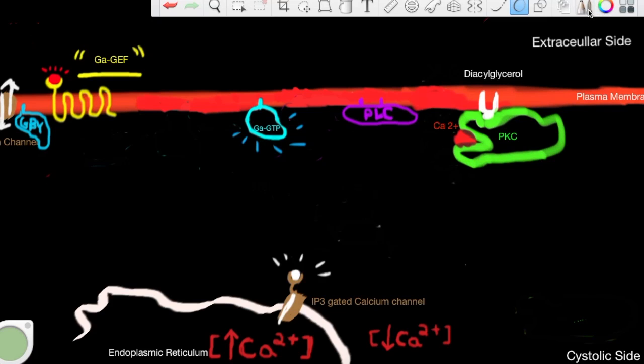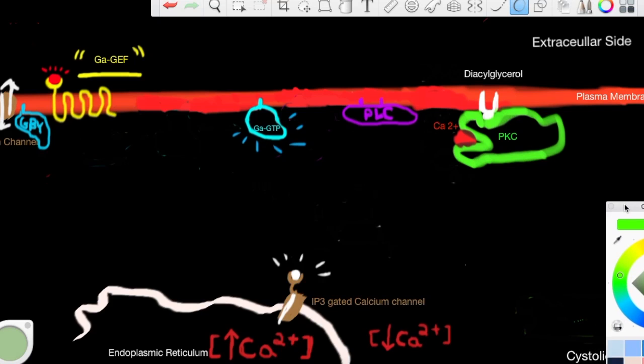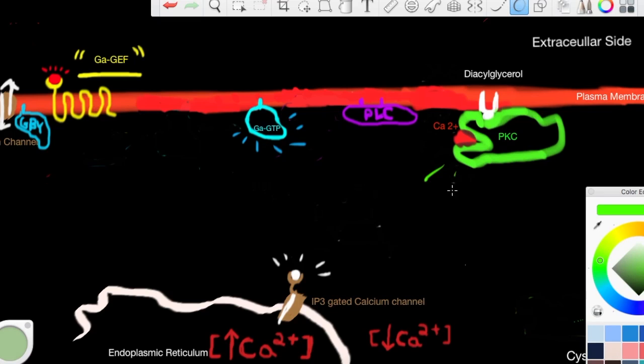So, like Mike just previously said, once calcium binds to PKC, it moves up to the plasma membrane side to allow diacylglycerol to also bind to it. It's because PKC has two binding sites, and in order for it to be activated, it needs calcium and diacylglycerol to both bind to it.